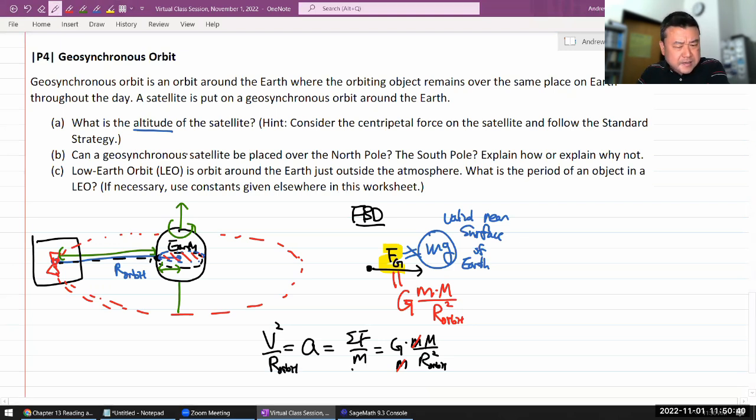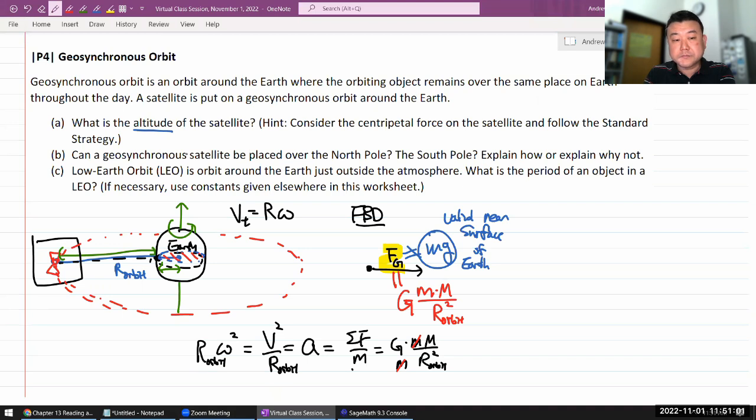I have a sense that this is not the most convenient expression, so let me rewrite it using the expression relating the tangential speed with angular velocity. I can rewrite this as r orbit times angular velocity squared.